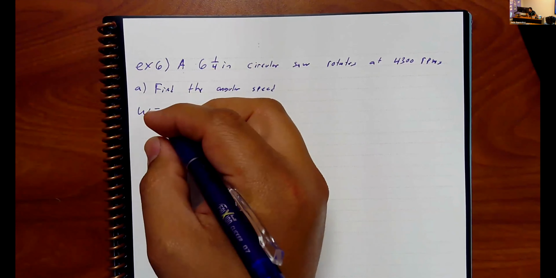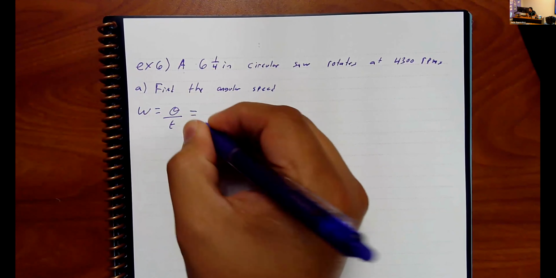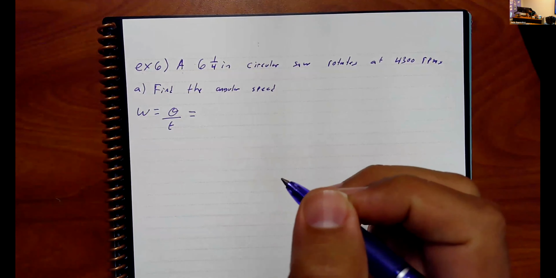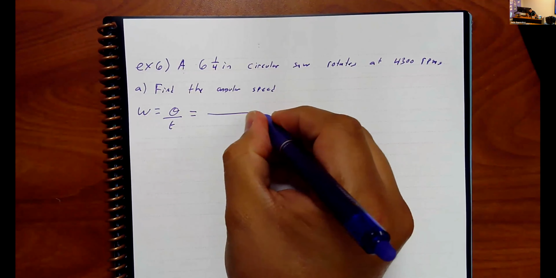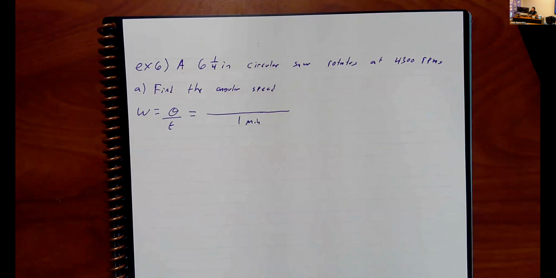So omega equals theta over time, that's the formula. So basically you have to figure out, okay, what the heck is theta? I know RPM means rotations per minute, so the bottom is no big deal. 1 minute, right? That part's easy, the time. Theta though, what is one revolution?